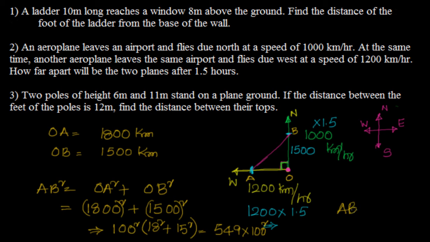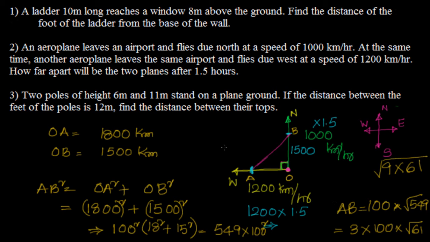AB is nothing but 100 into square root of 549. You can leave it like that, or you can see that 9 into 61 is also 549. So you can write that as 3 into 100 into root 61, or 300 root 61.